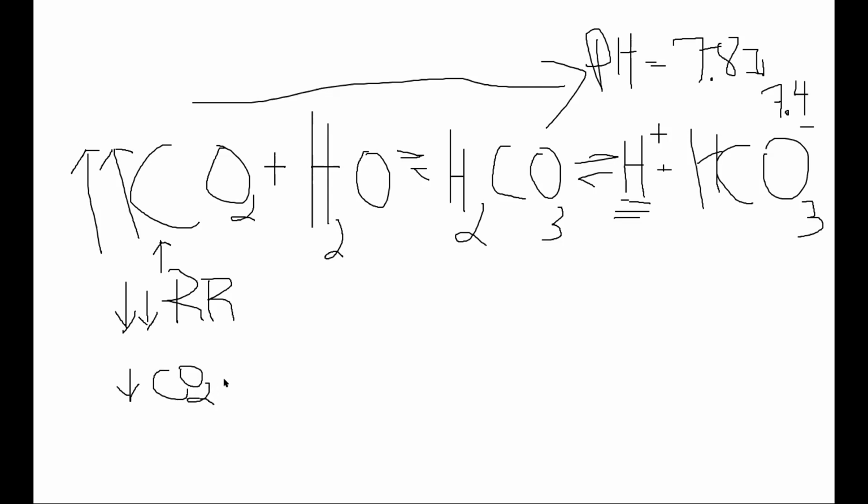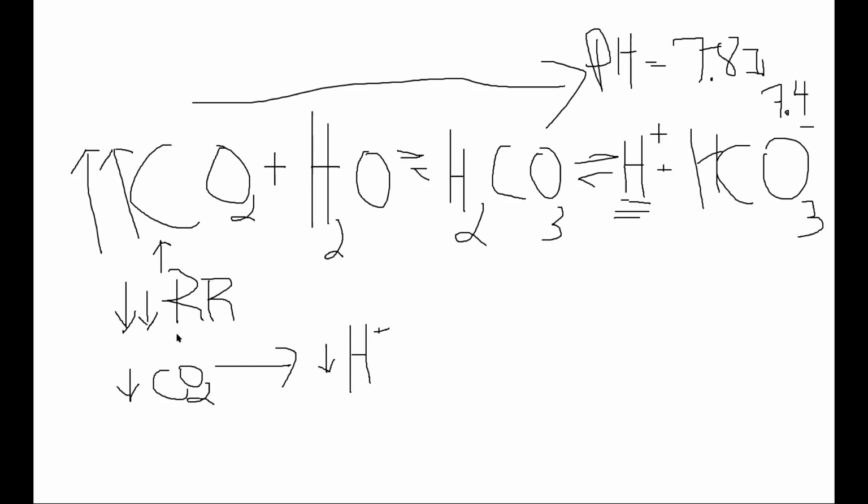It's getting progressively worse, guys. If we decrease the carbon dioxide, we decrease the hydrogen. By decreasing carbon dioxide, the reaction produces less hydrogen. If we produce less hydrogen, we become more alkalotic, right?